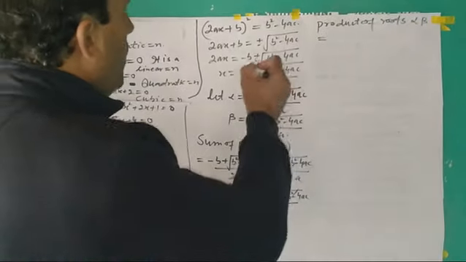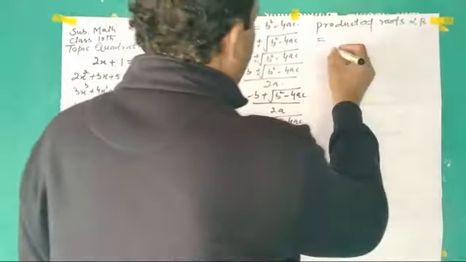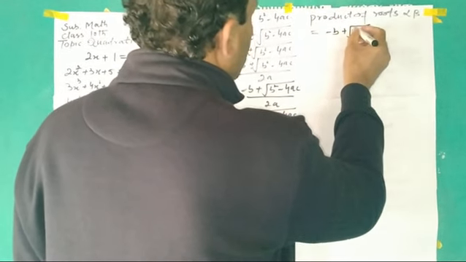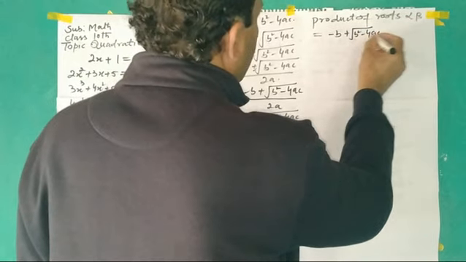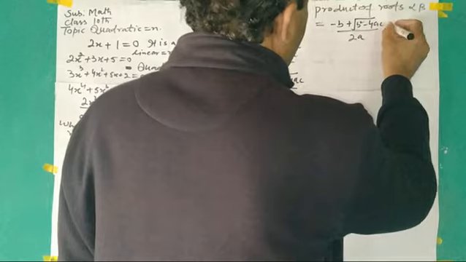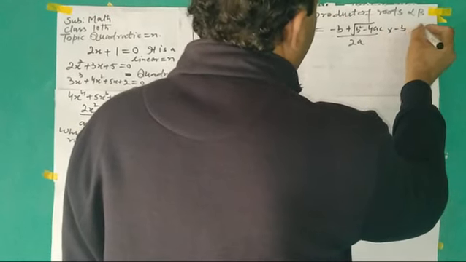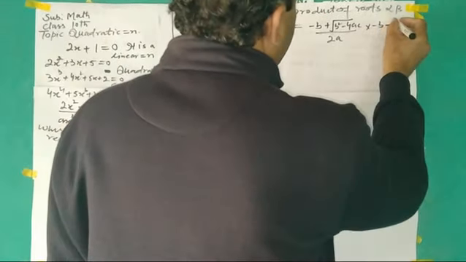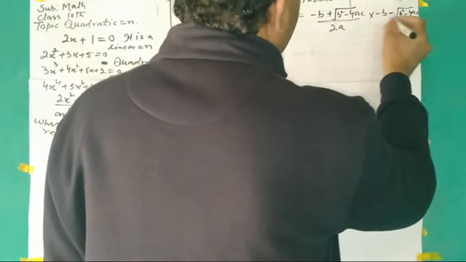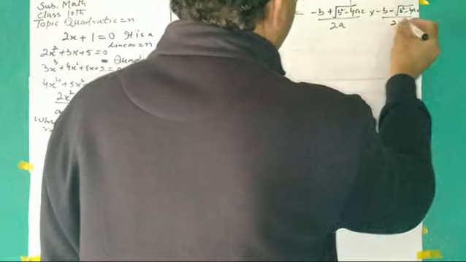The value of alpha, that is minus b plus under root of b square minus 4ac divided by 2a, into minus b minus under root of b square minus 4ac divided by 2a.